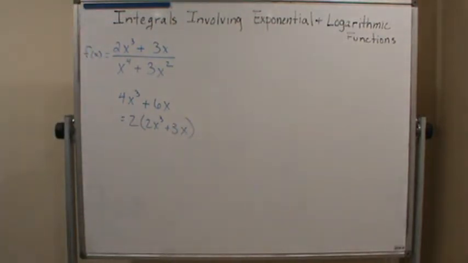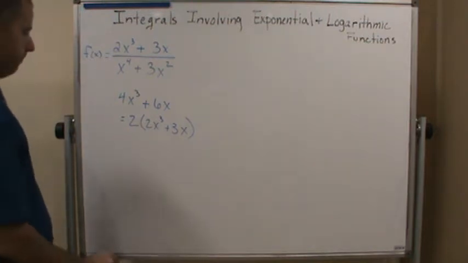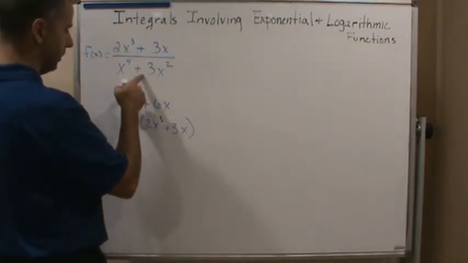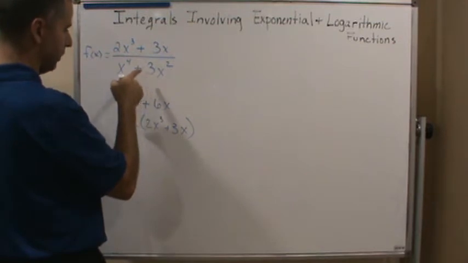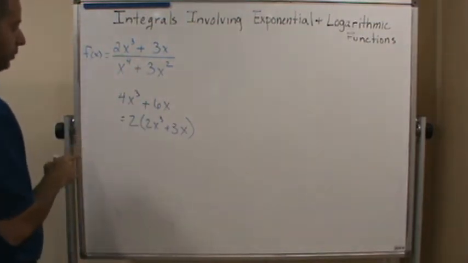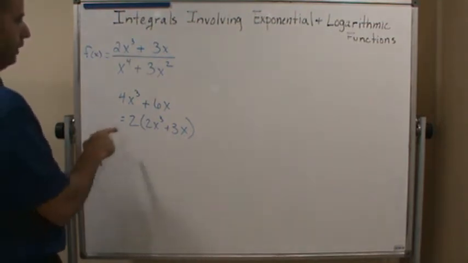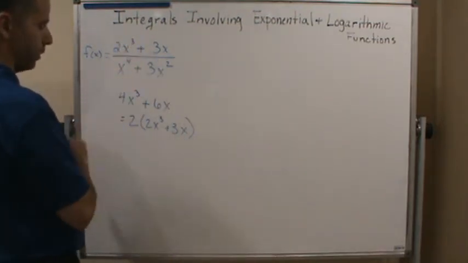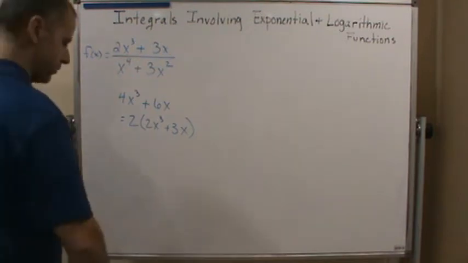It's right there. So now my u is going to be this. My du is going to be the top, but it's going to be multiplied by 2. So that's what I'm going to do.